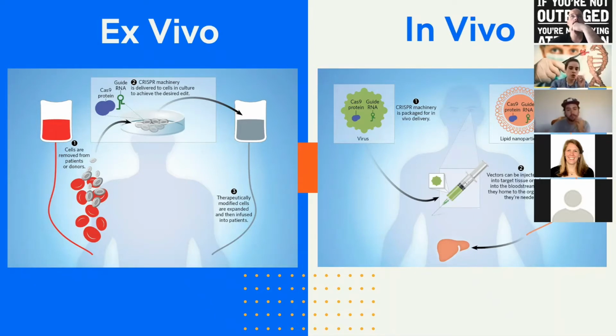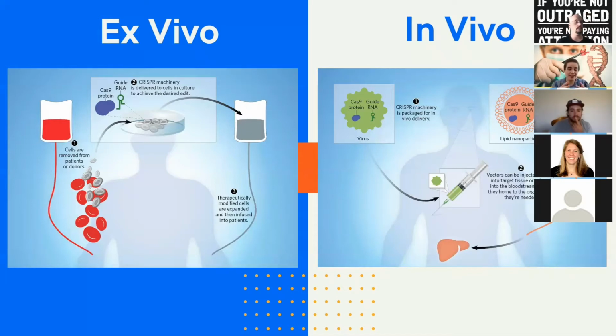In the ex vivo example on the dark blue side, this works by extracting cells from a patient. You're going to take the blood, and then you modify these cells in the lab using the CRISPR technology that we just talked about. You introduce that into the pool of cells, and then you grow and expand those cells from that patient so that there are more than just a few.